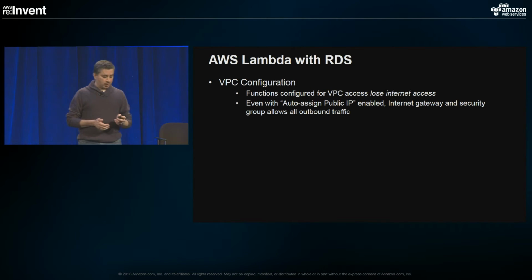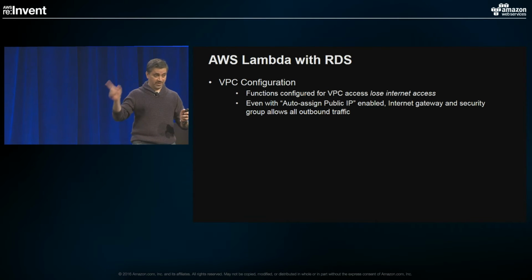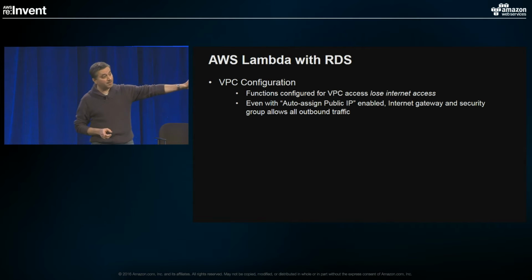So even if you have your configuration set within your VPC, say auto-assign public IP within your subnet, and you have an internet gateway attached to your VPC, and all the necessary configuration is done, you'll still not be able to have a Lambda access a VPC resource and a public endpoint at the same time.